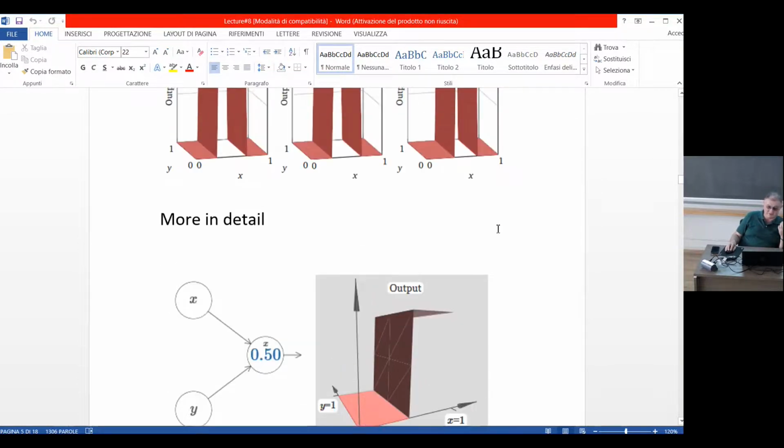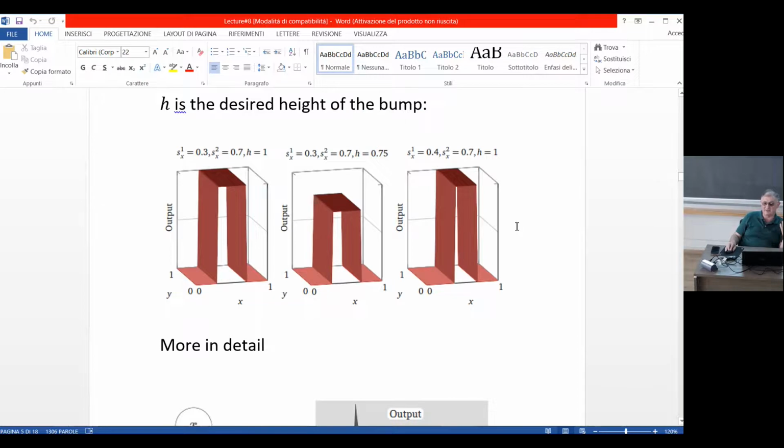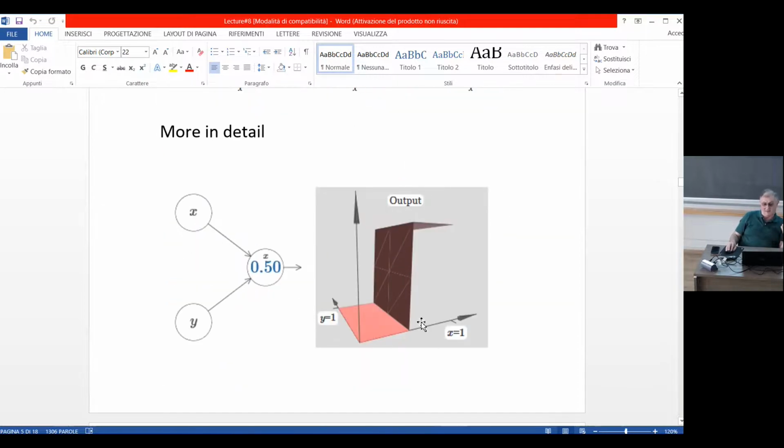More in detail, how it can be arranged: return to the step function. So we have x, y. Then x is the jump coordinate, x equal to 0.50, and the output reaches 1 and remains.